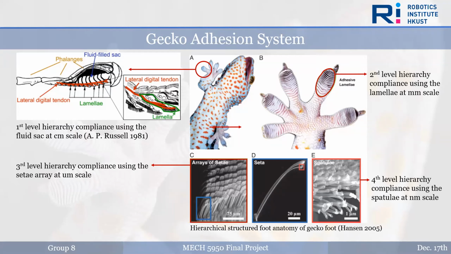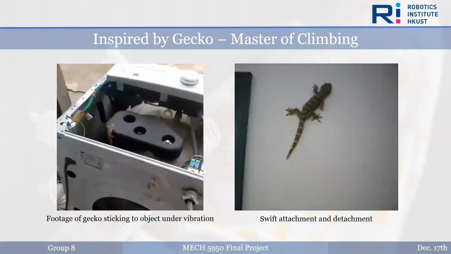Geckos can grasp things because there are tiny structures on the skin of their toes. In the graph, you can see there are multiple levels of those tiny structures, ranging from millimeter level to even nanometer levels. So in the Gecko gripper, we replicate those microstructures, just like what we did in MEMS, using almost the same technology to replicate those structures and make synthetic adhesives out of it.